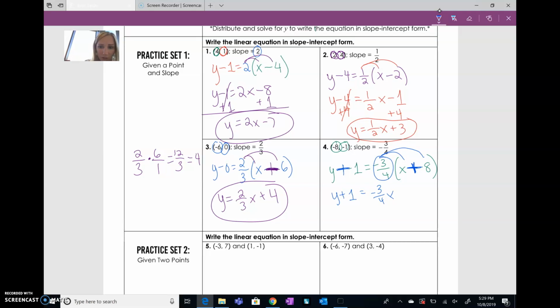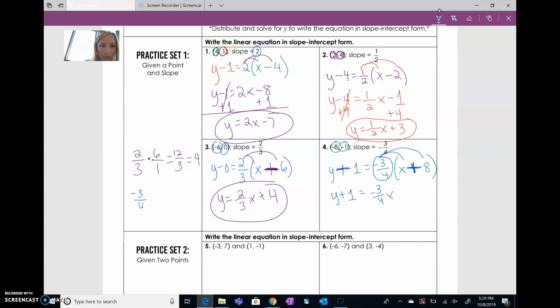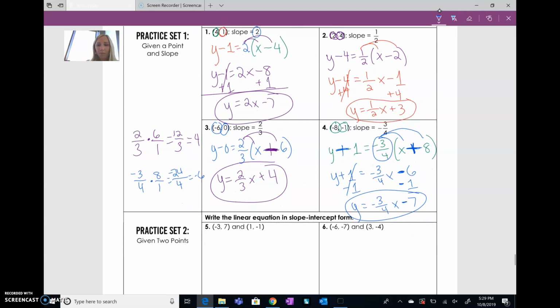Once again, let's do it over here. So negative 3/4 times 8 over 1. Negative 3 times 8 is negative 24 over 4, which is negative 6. So you put a minus 6, then I take away 1, and I take away 1. This is great algebra practice. You get negative 6 and negative 1 is negative 7. So that's what we get.